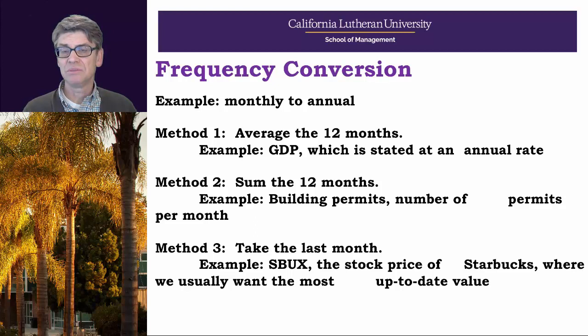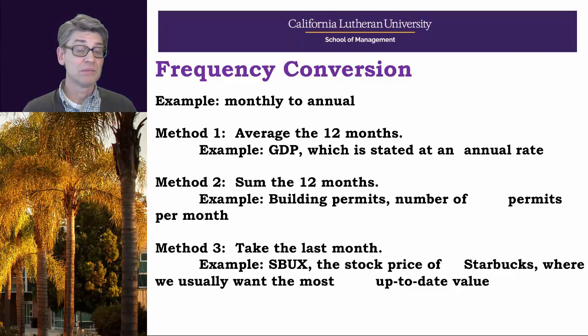Which conversion method you use depends on the type of data. So this slide goes through examples of the types of data for the conversion method. If you're using GDP, we typically average the data. If you're using things like building permits, or the number of permits per month, then we take the sum, right?